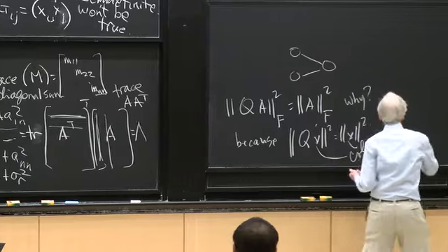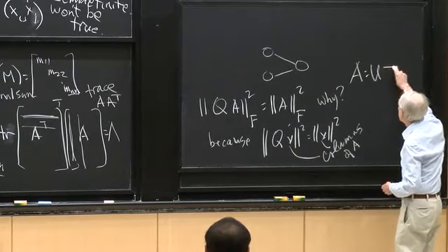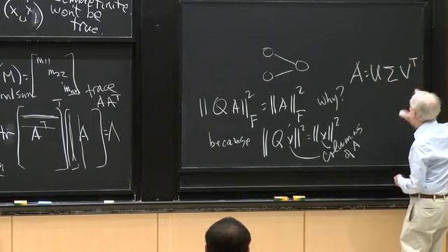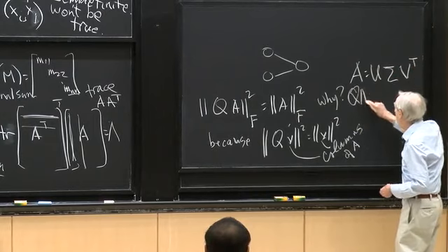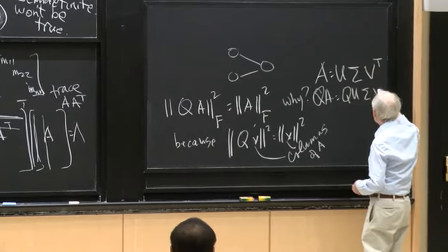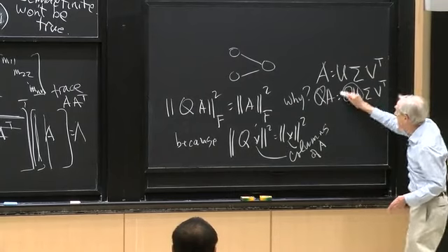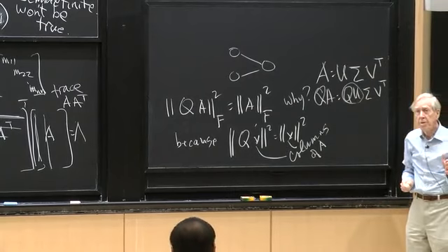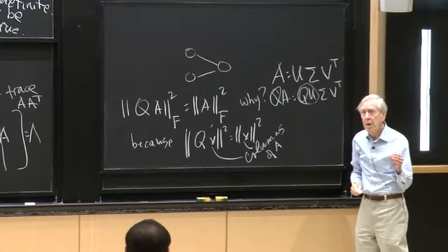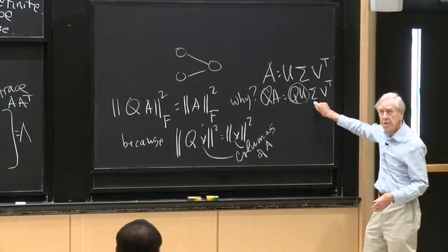A has an SVD U sigma V transpose, and QA will have the SVD QU sigma V transpose. So all I changed when I multiplied by Q was the first orthogonal factor in the SVD. I didn't change the sigmas.